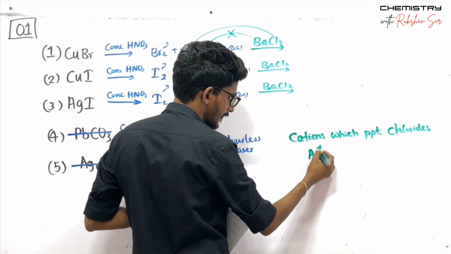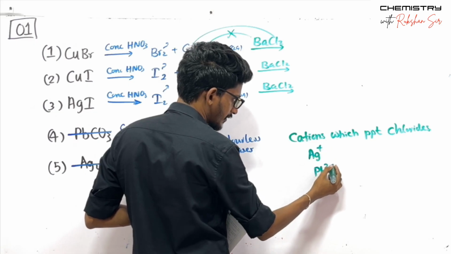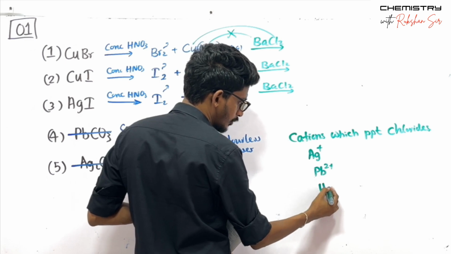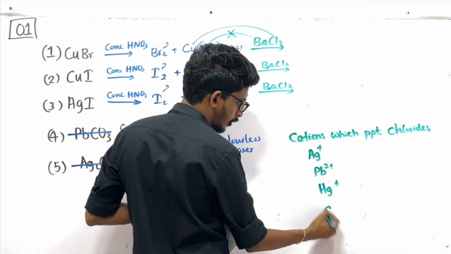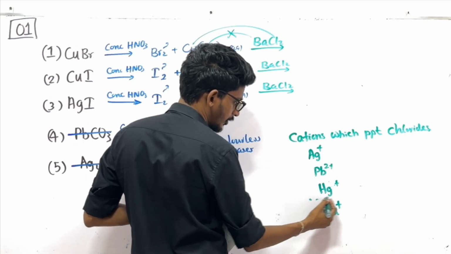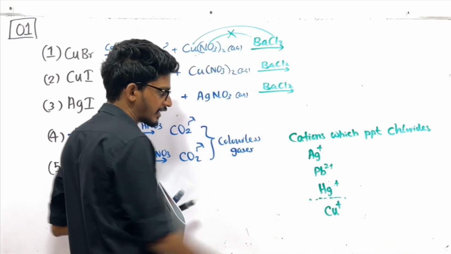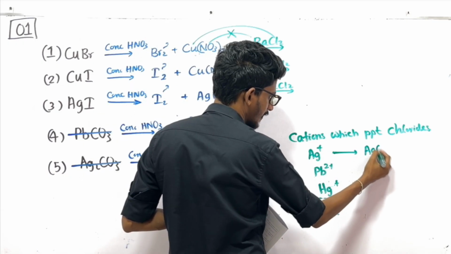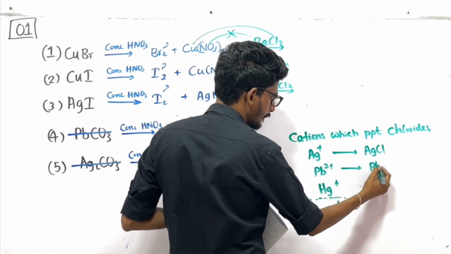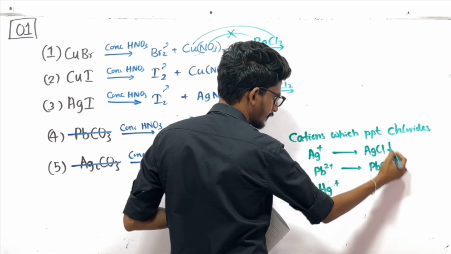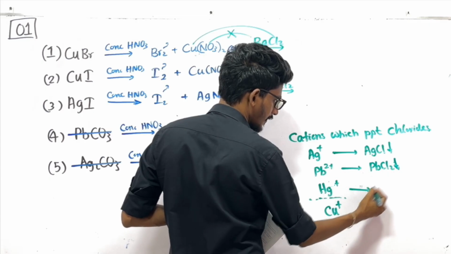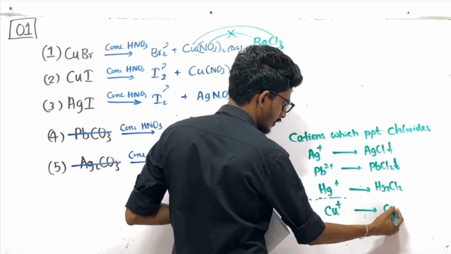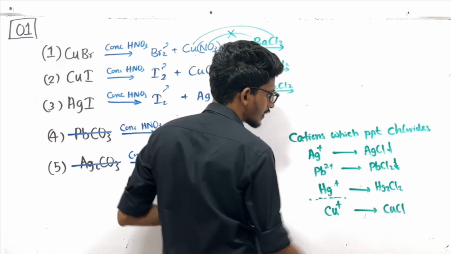Ag plus, Pb2 plus, and the Hg2 plus. And you can think of copper plus as well. That is normally not appearing in the solutions, right? Very rare. And these things will come up with AgCl, PbCl2, Hg2Cl2, and CuCl, right?